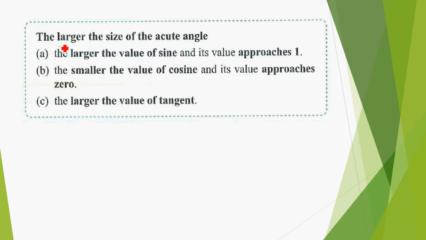The larger the size of the acute angle, the larger the value of sine and its value approaches 1. That means, an acute angle is an angle less than 90 degrees, right? If the acute angle becomes larger, from this value to this approaching 90, the value of sin also increases, from 0 until 1.